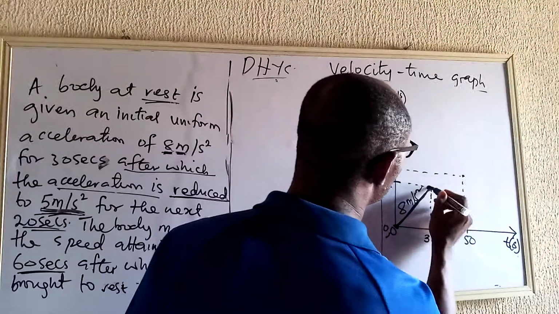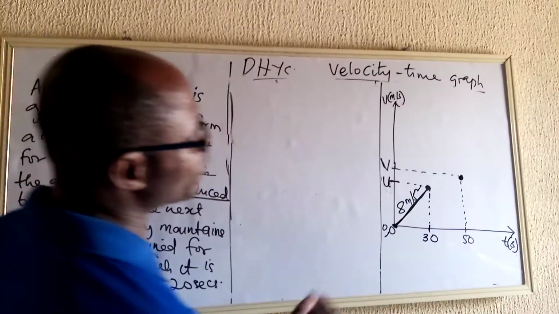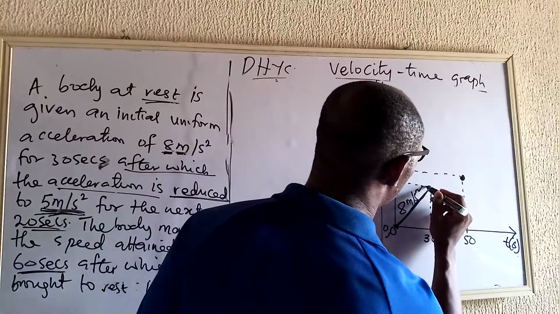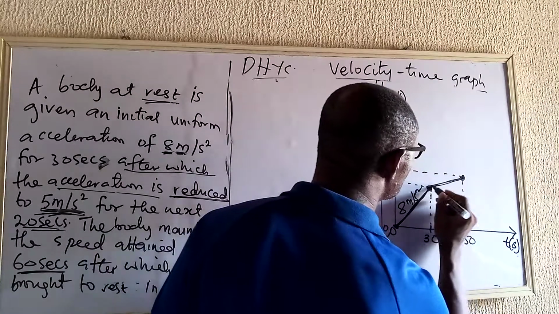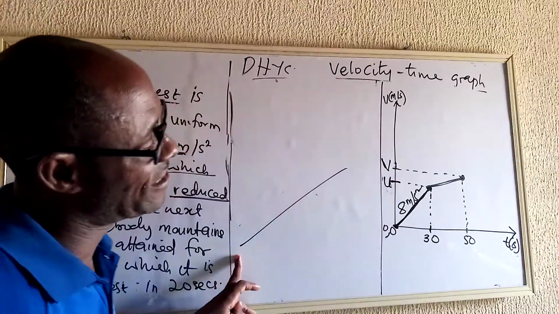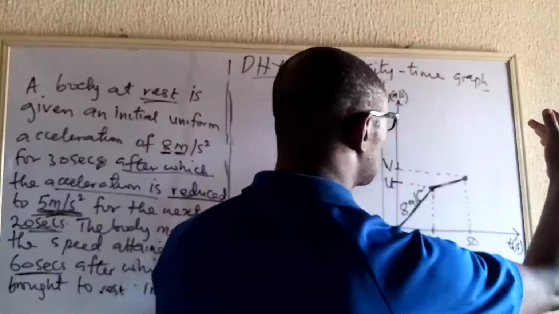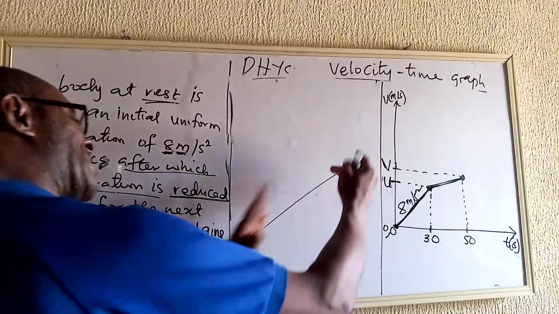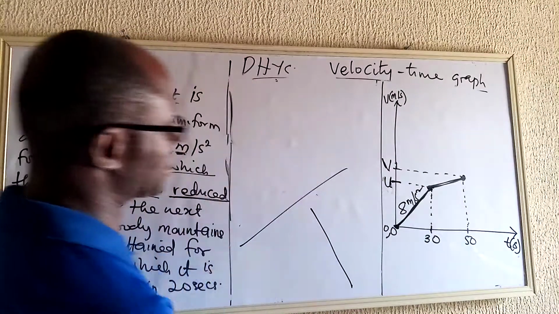So where they meet is there. Can you see? So I'm going to join another line from here to here. If you look at that line also, you can say that is a line of acceleration, because I told you acceleration is always like this. So you can see it's not horizontal. It has to slope up from left to right. That is acceleration, while from right to left is deceleration.